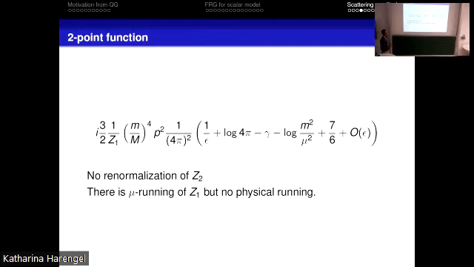The momentum dependence is always p square. So when you renormalize and fix Z1 at a particular momentum p, it remains the same at any other momentum. So this mu dependence tells us nothing about the momentum dependence of the two-point function. So it's not physical running in that sense. The physical beta function of Z1 is 0 because there's just p square, full stop.